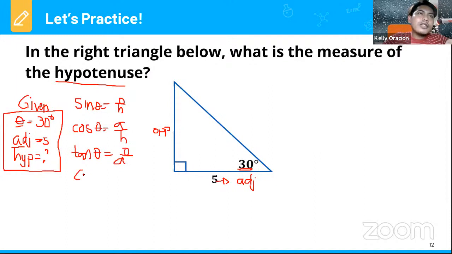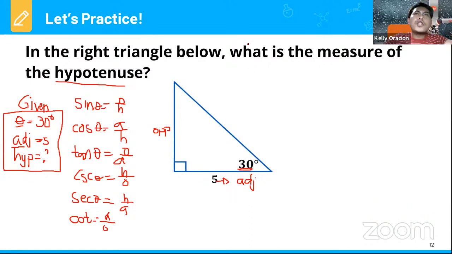Then cosecant theta is the hypotenuse over opposite. The sec theta is hypotenuse over adjacent. And lastly, the cotangent theta, cot, is adjacent over opposite.